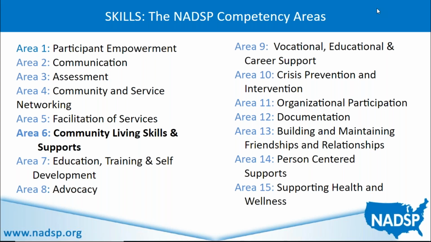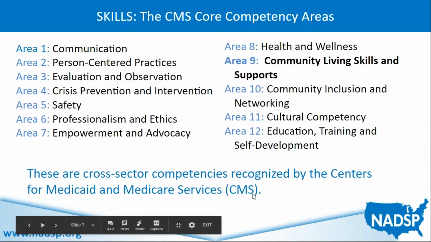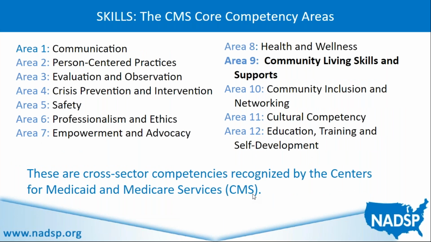CMS also has their own competency set, and they have community living skills and supports in their set as well. For them, it's area 9. They're very similar to the NADSP competencies, but organized a little differently. They have 12 areas instead of 15.